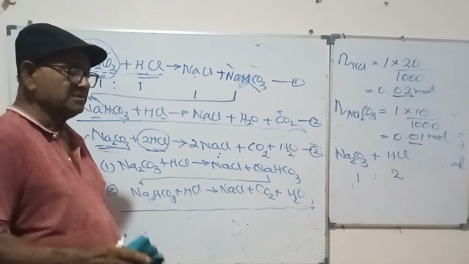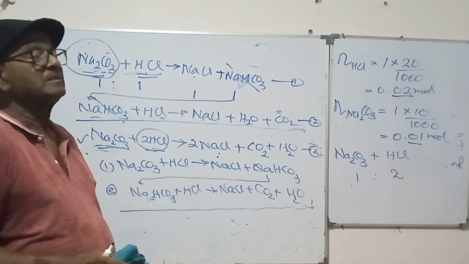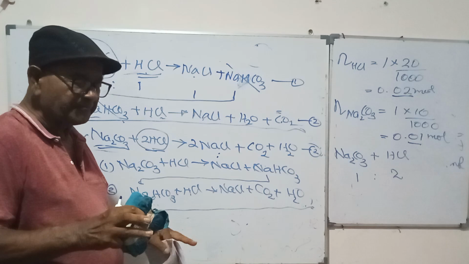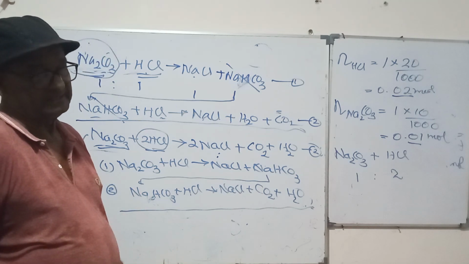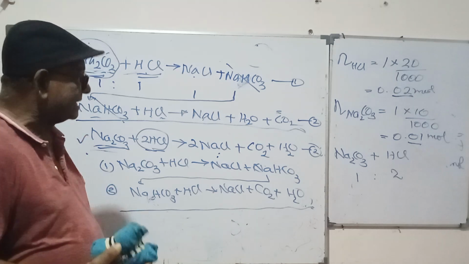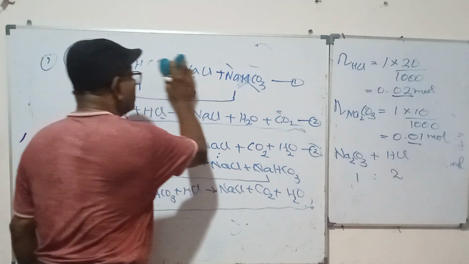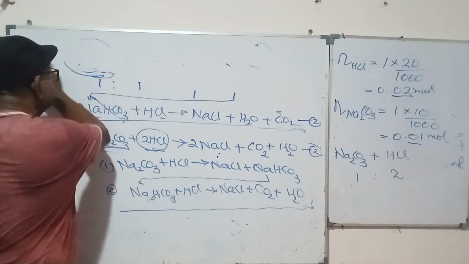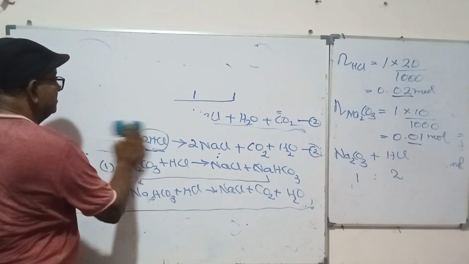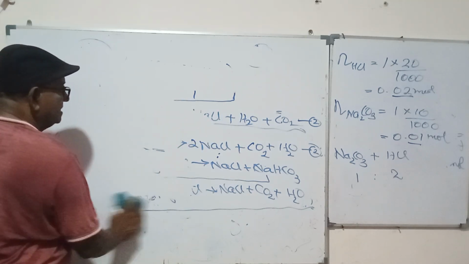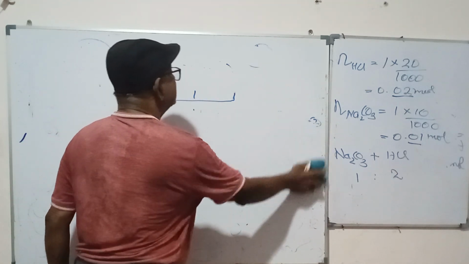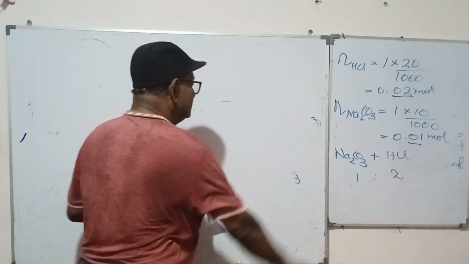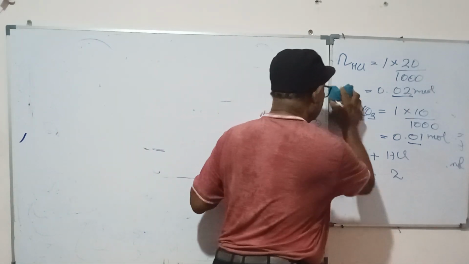If the reaction occurs in a 1:2 ratio, sodium chloride is the final product, giving out carbon dioxide and water. Right? Then there are different problems related to this theory. Then you must know how the sodium bicarbonate reacts with HCl.